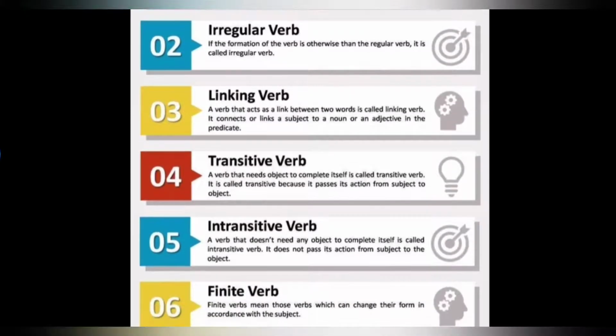The third is linking verb. A verb that acts as a link, as a joint, that joins two words is called linking verb. It connects, links or joins a subject to a noun or an adjective in the predicate.